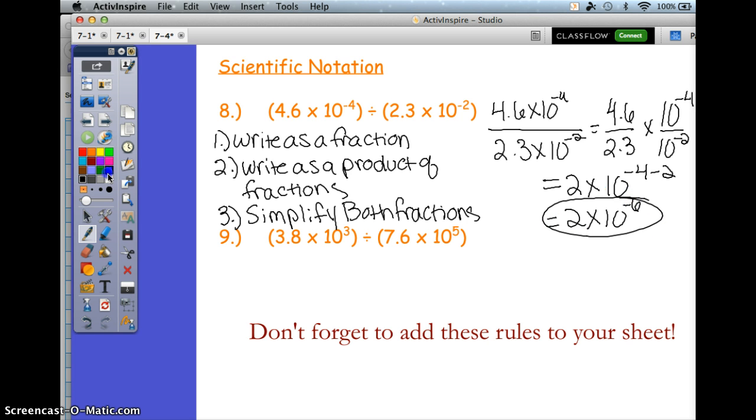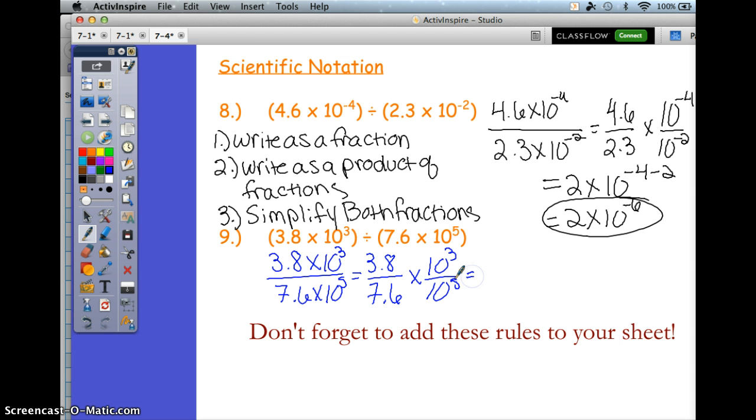But number 9, when you do number 9, you have 3.8 times 10 cubed over 7.6 times 10 to the 5th. Then you separate them: 3.8 over 7.6 times 10 cubed over 10 to the 5th. When you do your division, you end up with 0.5 times 10 to the negative 2nd. You cannot leave something as 0.5.